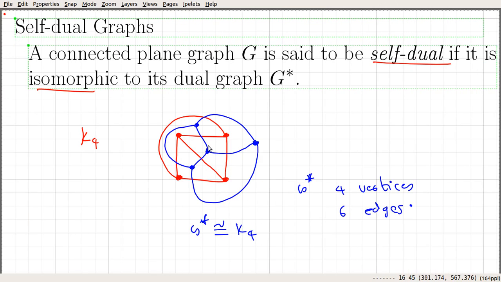Okay, so it can be very easily verified. So we can see that this dual graph G star is isomorphic to K4, and since K4 is isomorphic to its dual, K4 is a self-dual graph.